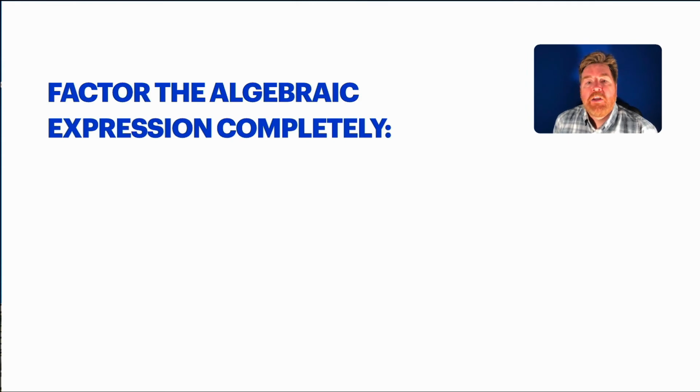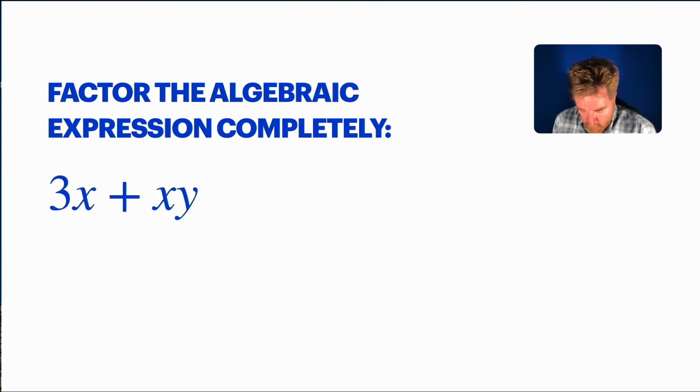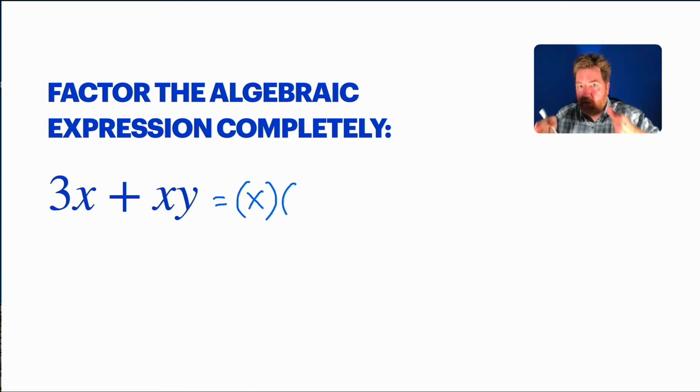Let's say you want to factor this algebraic expression completely. Well, 3x plus xy. Let's take a look and see in that expression, what do they have in common? Is there something that they both have, both terms? Check it out. You guys seeing it? There's an x in there, isn't there? So let's make that our first factor. I'm really being careful showing that x in parentheses.